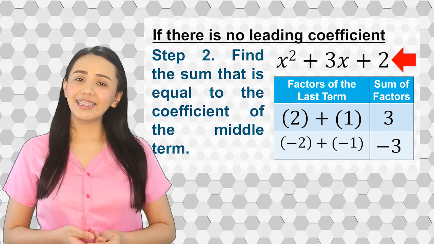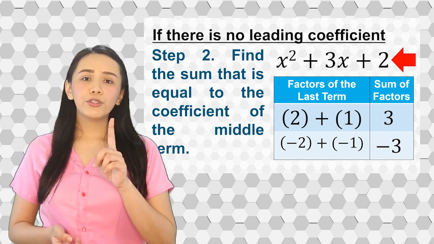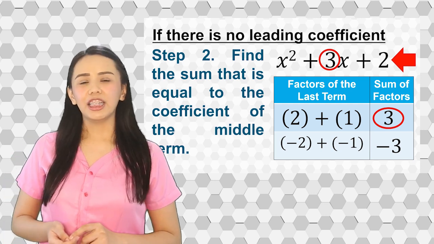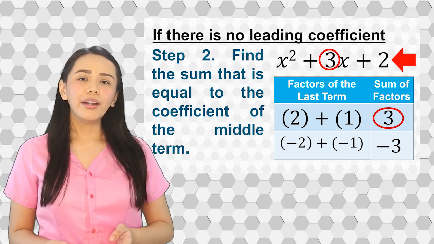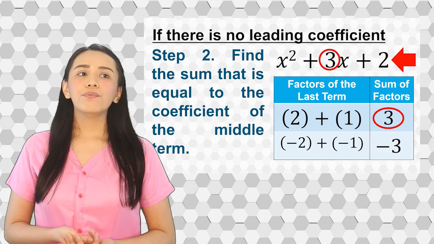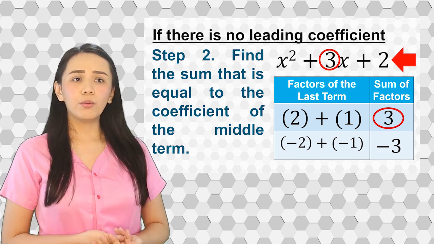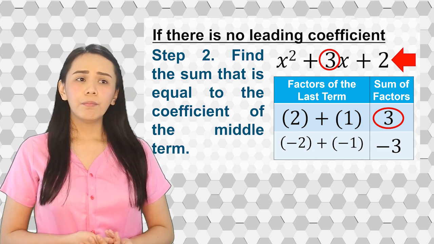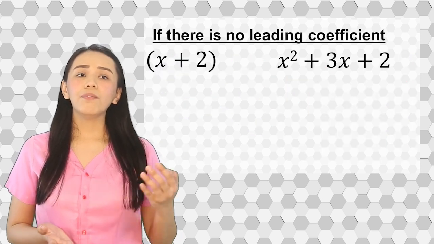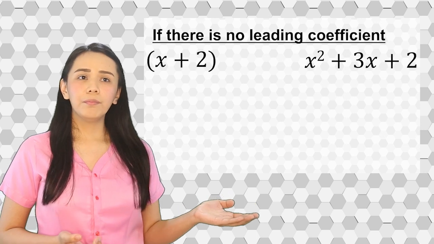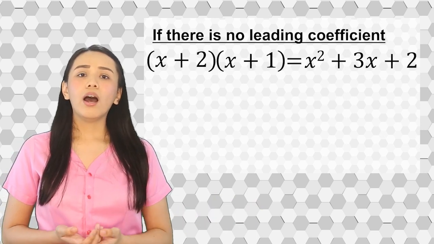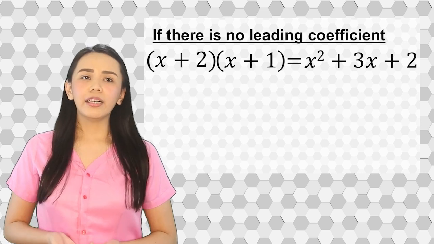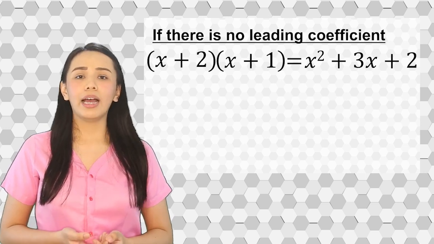As we can see, the factors 2 and 1 are the correct combination. Therefore, our factors for the trinomial x squared plus 3x plus 2 are the quantity x plus 2 and the quantity x plus 1. We can check our answer by multiplying the 2.